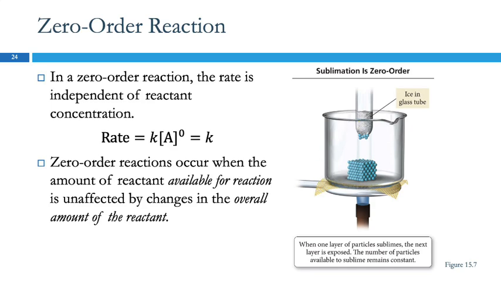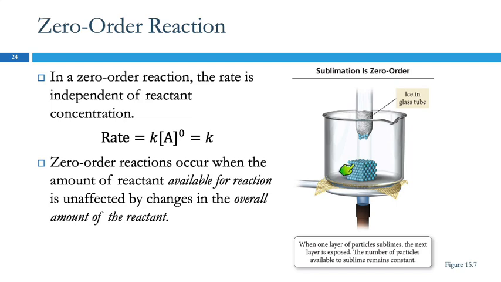In order for it to sublime, only the molecules on the surface can sublime. And the rate could possibly be related to how much surface area there is. But as this sublimes and goes away, the surface area is not significantly changed, and so the rate remains constant.